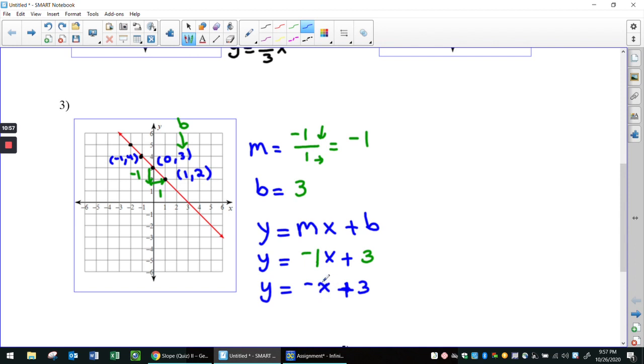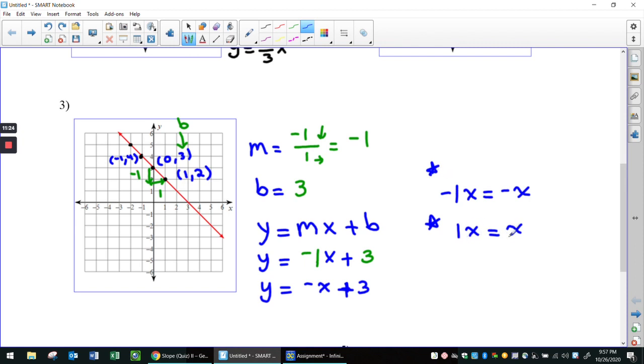Recognize that -1x is the same thing as -x, and also that 1 times x is the same thing as x. These two things are important to know, especially when you are trying to identify the slope in an equation.